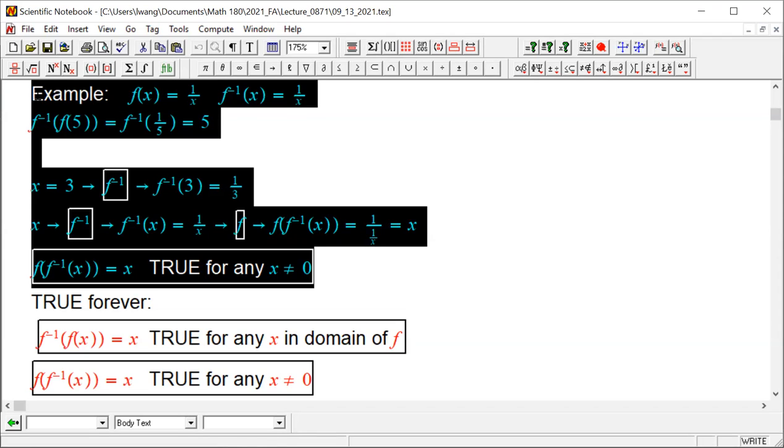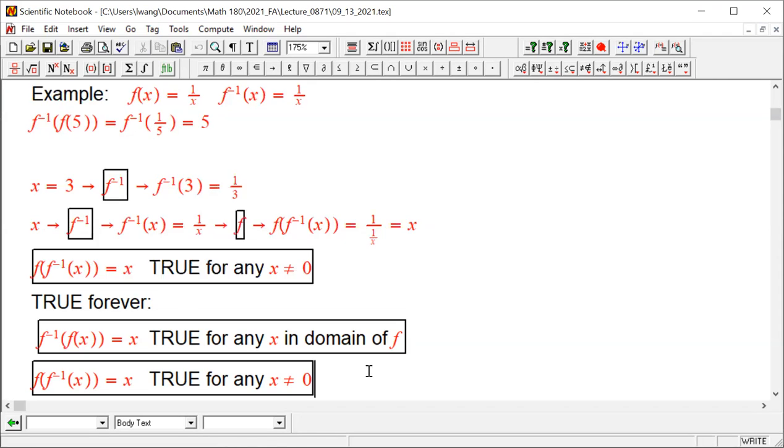Do you follow me? And in this other one, in some situations the domain may not be the same. So this x is in the domain of f inverse.